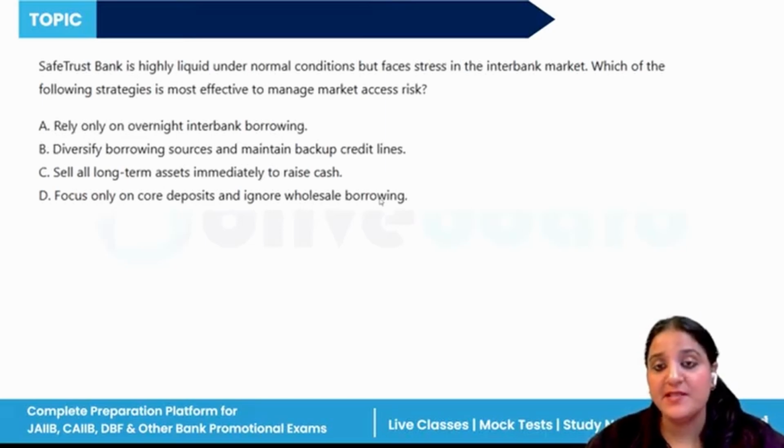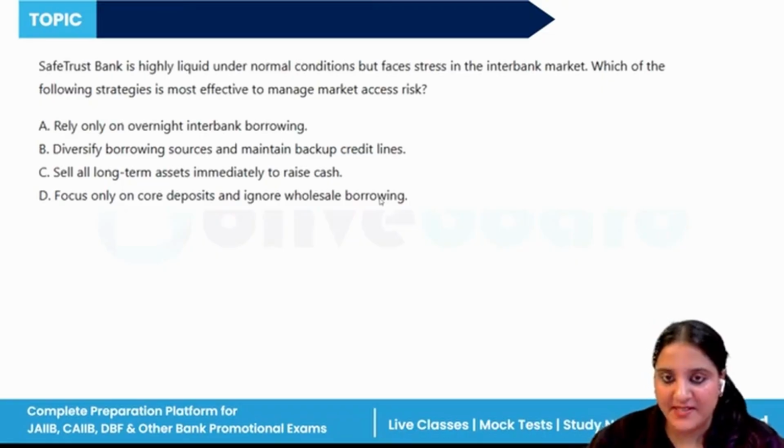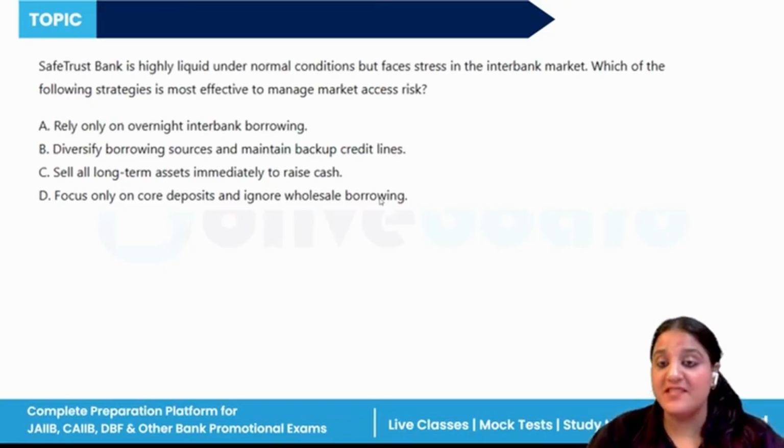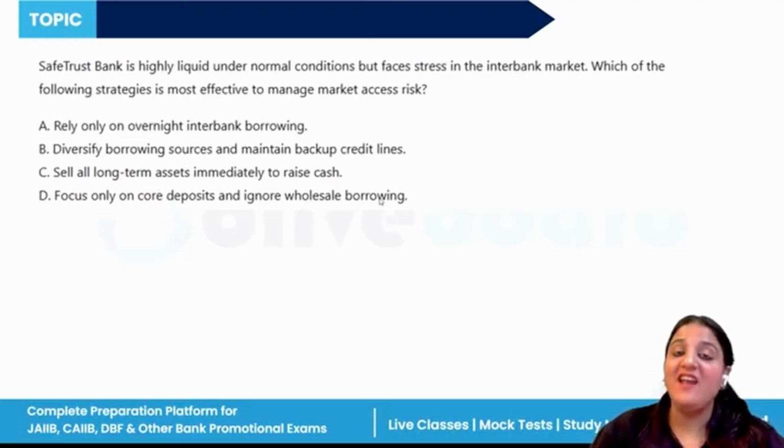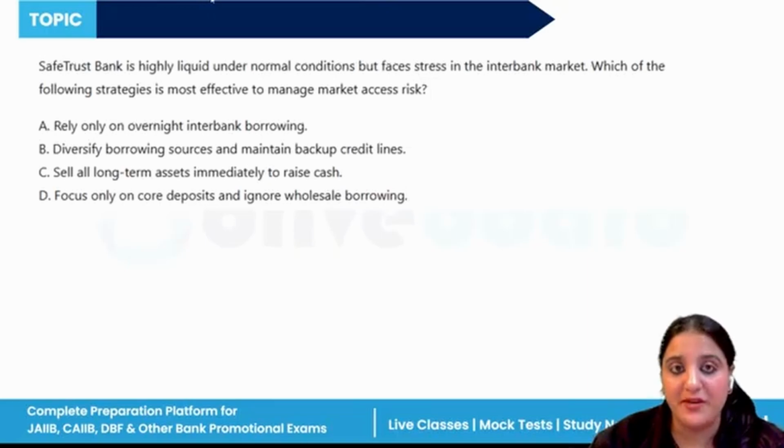Here are the key points. Borrow from multiple sources such as interbank market, corporate deposits, wholesale markets, and central bank facilities. Monitor cost of funds. The cost should be reasonable. High borrowing cost can hurt the profitability.